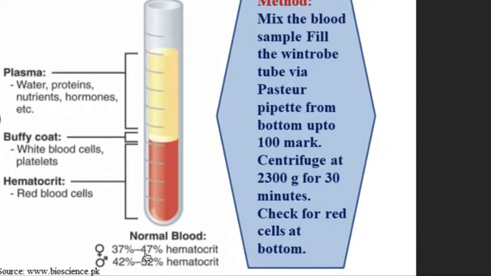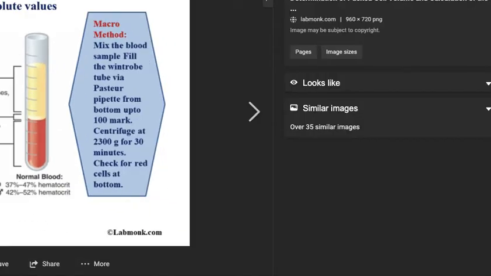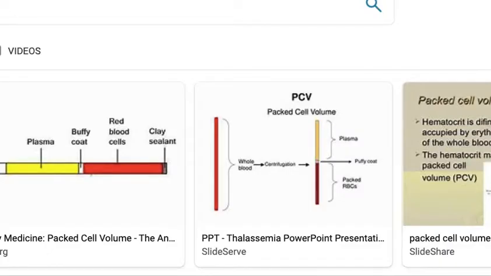You can see over here the normal hematocrit values between the males and the females. Basically this is what we call packed cell volume.